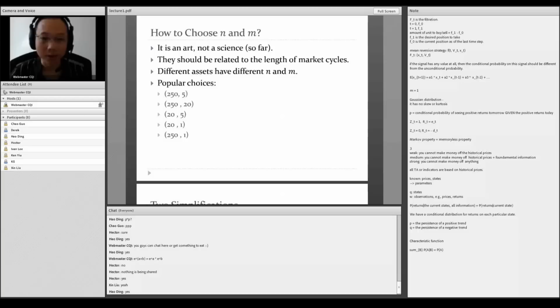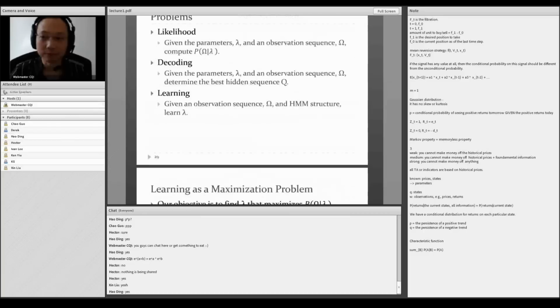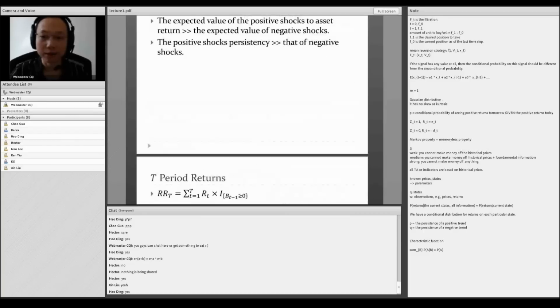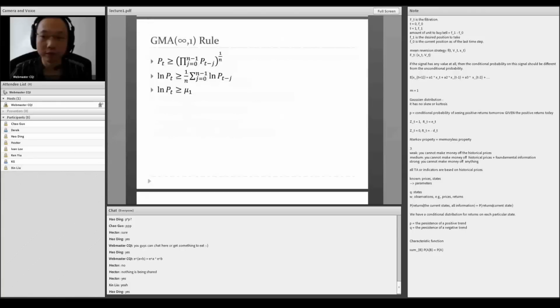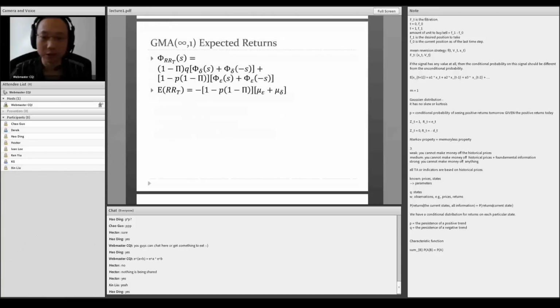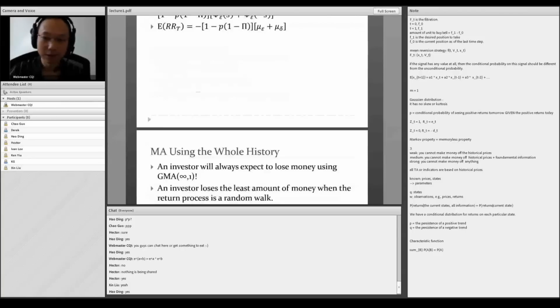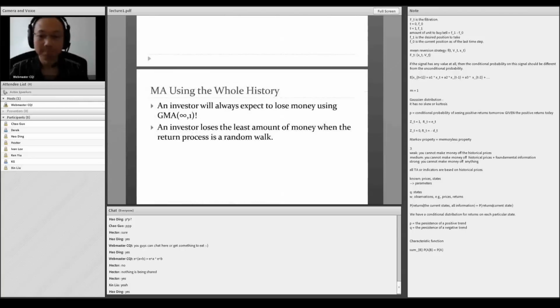These recommendations will guarantee you to lose money always based on our mathematics, right? So sometimes quantitative trading or quantitative analysis can give you a result which is very different from what traditional wisdom tells you, and very different from what the popular media tell you. Okay.